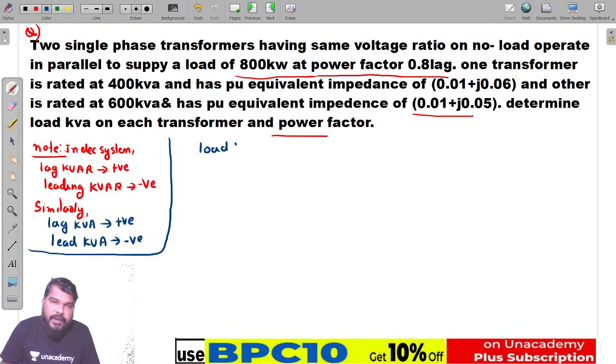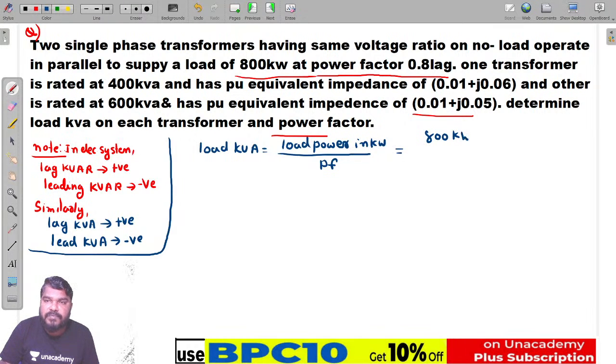The load kVA, at what power factor? So load kVA is the load power in kilowatts divided by the power factor, so that is equal to 800 kilowatts divided by 0.8. 800 divided by 0.8.